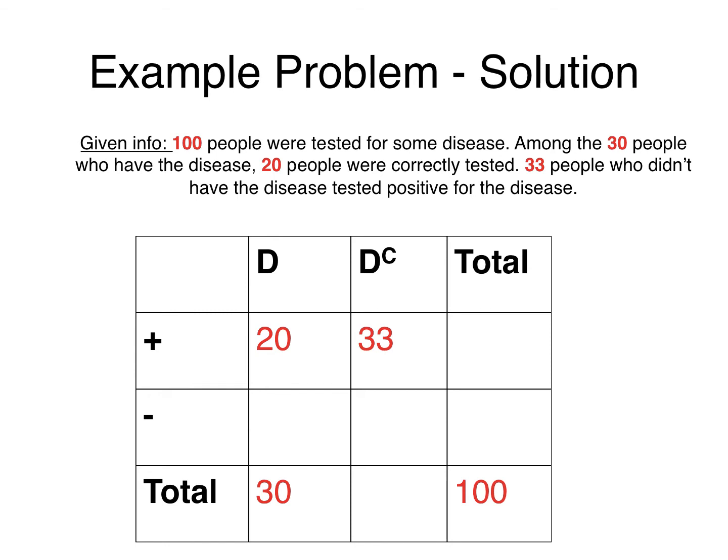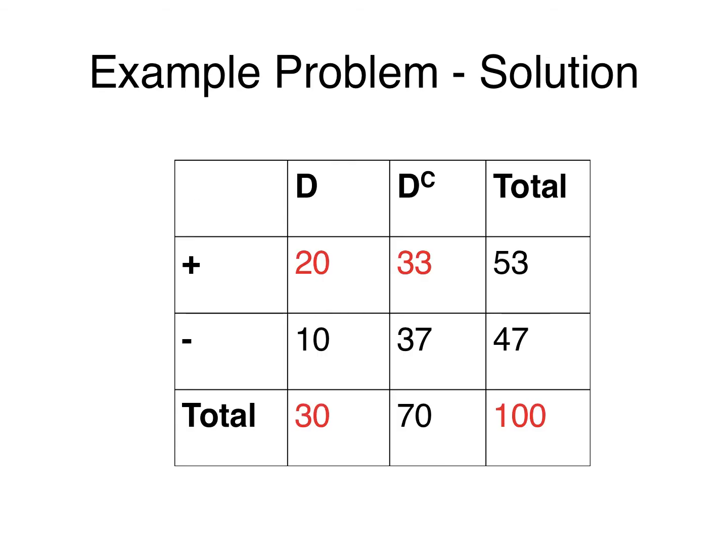So we know that 100 people were tested for a disease, and 30 people have the disease. And of these 30 people, 20 were correctly tested as having the disease, and 33 people who didn't have the disease tested positive. So we then do the math to fill in the rest of our 2x2 table.